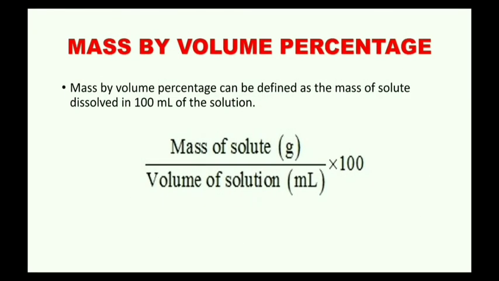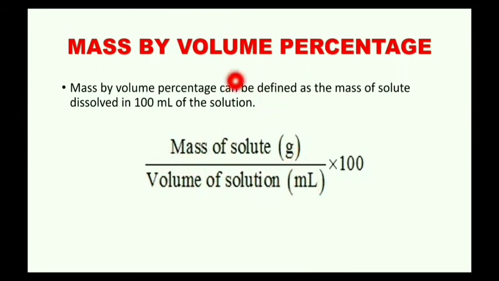Next, we are going to study mass by volume percentage. Mass by volume percentage is defined as the mass of the solute dissolved in 100 ml of the solution. The mass of the solute is given in grams and the volume of the solution is given in mL.